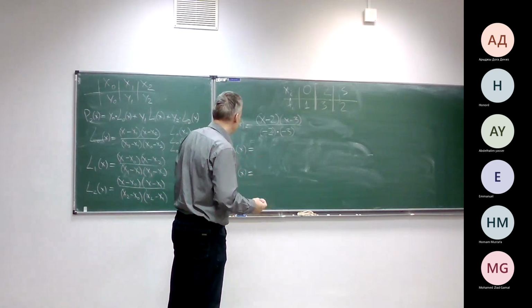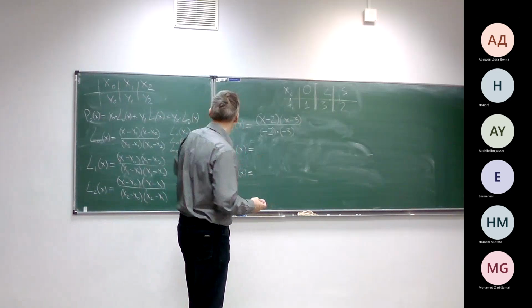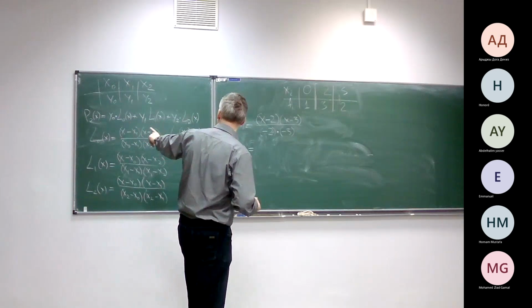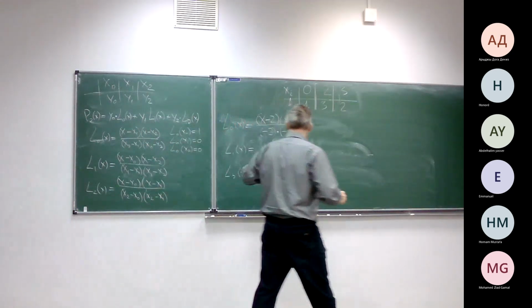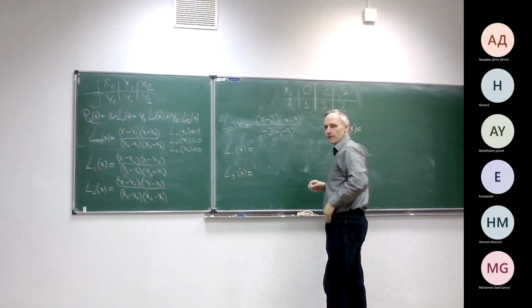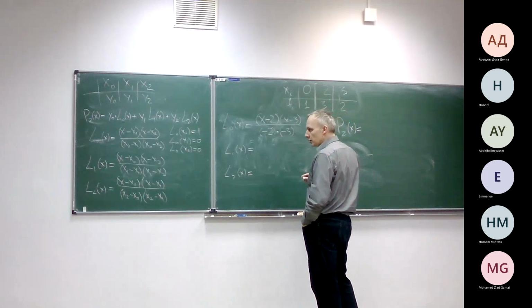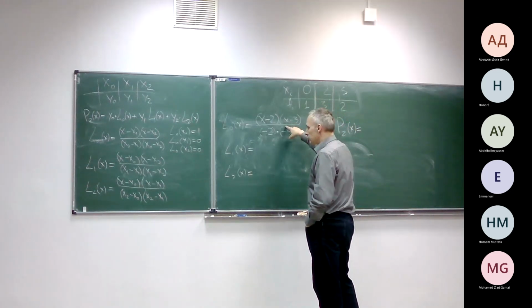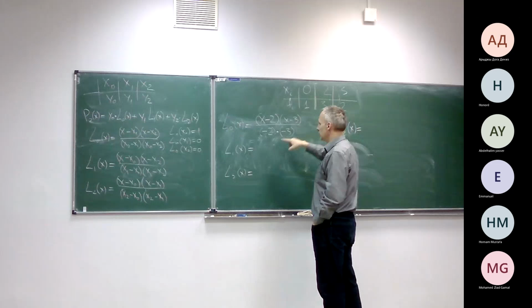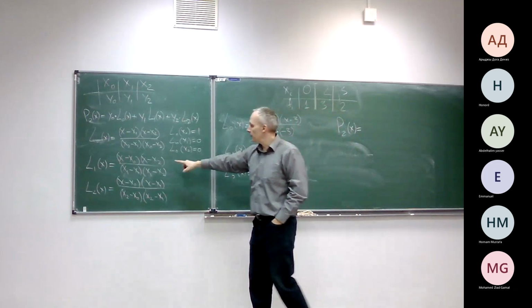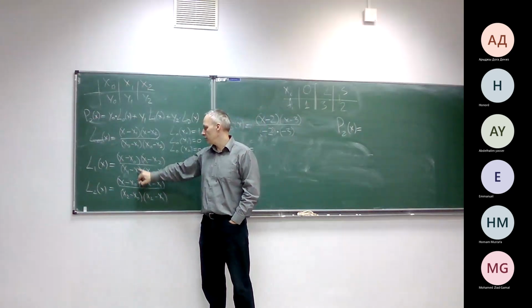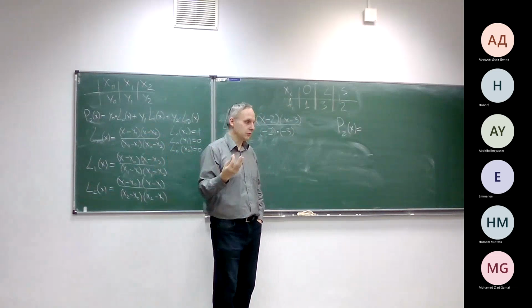And after that, we have polynomial P2 of x equals L0 times 1. For L1, the equation will be simple because x0 equals 0.